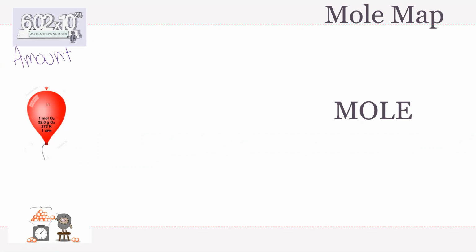And amount is going to refer to atoms, particles, molecules, really anything you can count. Some other words we might see are formula units or representative particles.